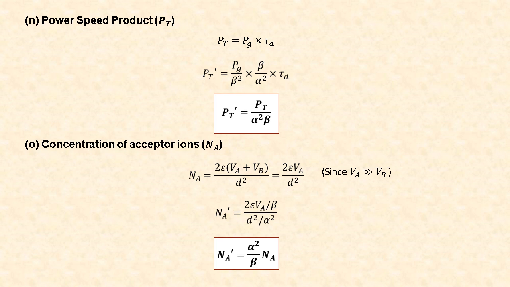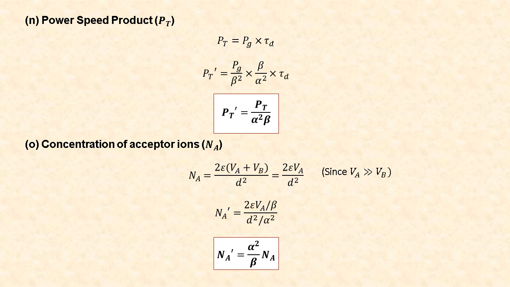Next, we have concentration of acceptor ions Na. It is given by the formula 2 into epsilon into Va plus Vb divided by d square. Here Va will be much greater than Vb. So we have Na is equal to 2 into epsilon into Va by d square. D is the diffusion length.